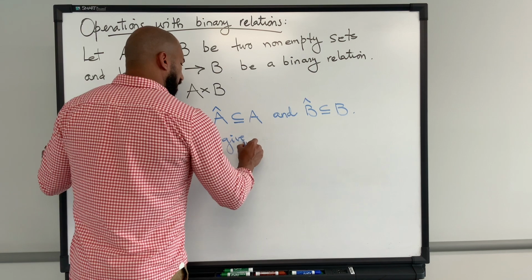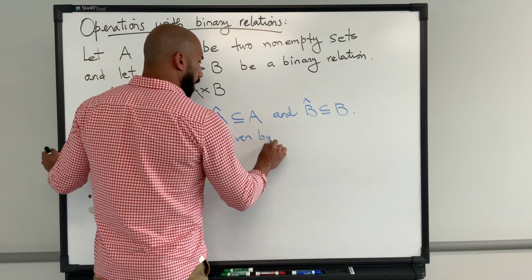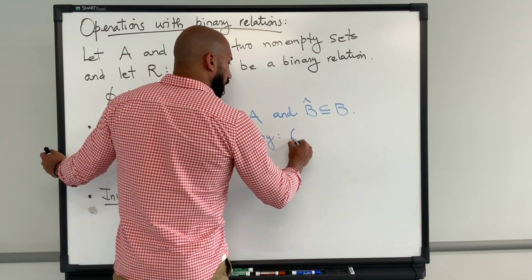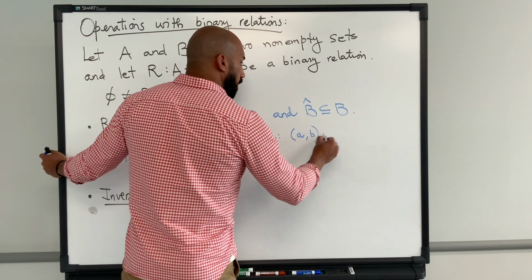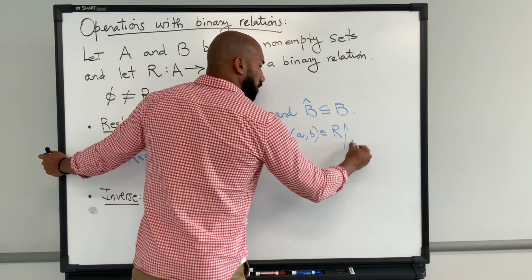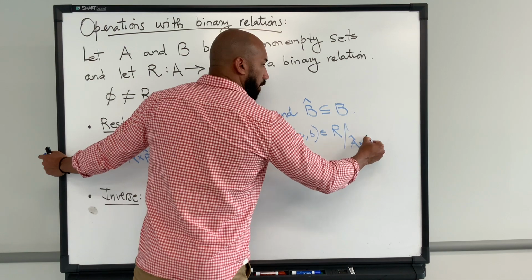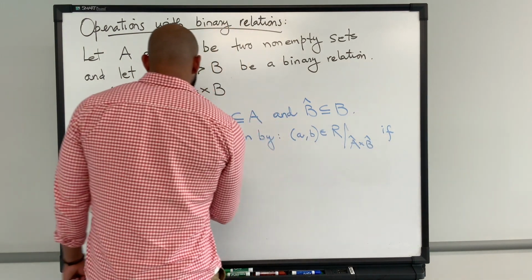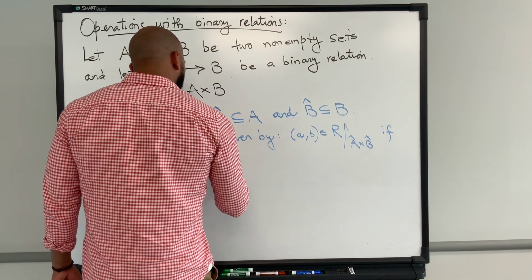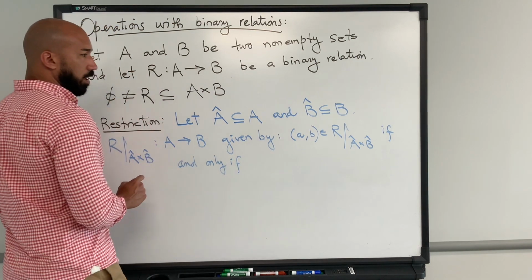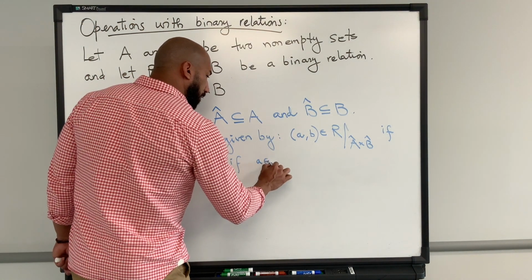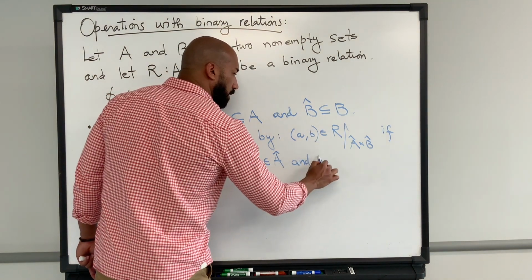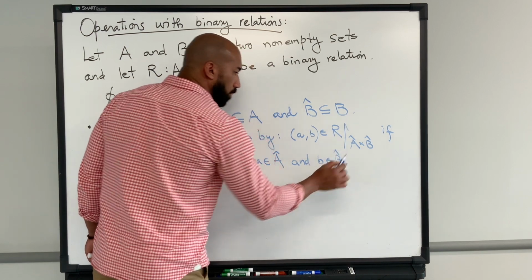Given by the following rule: a pair a, b is in R restricted to A hat Cartesian product B hat if and only if this little a belongs to A hat and the second component, little b, belongs to B hat.